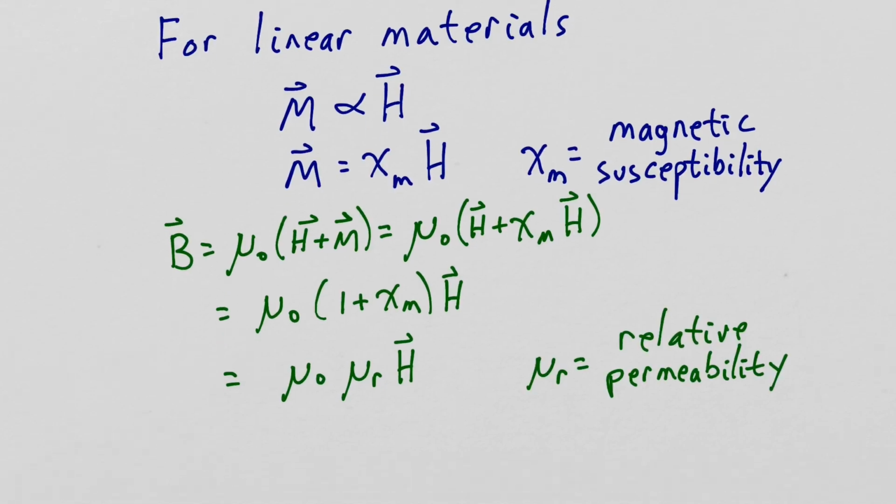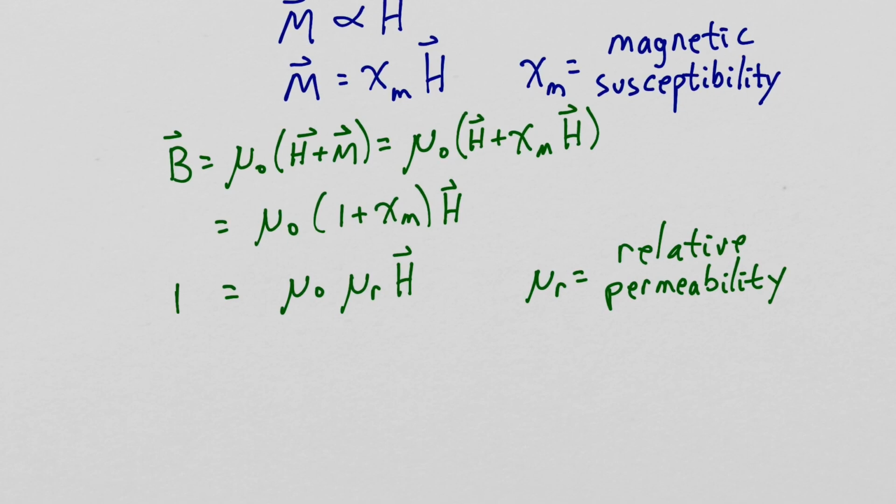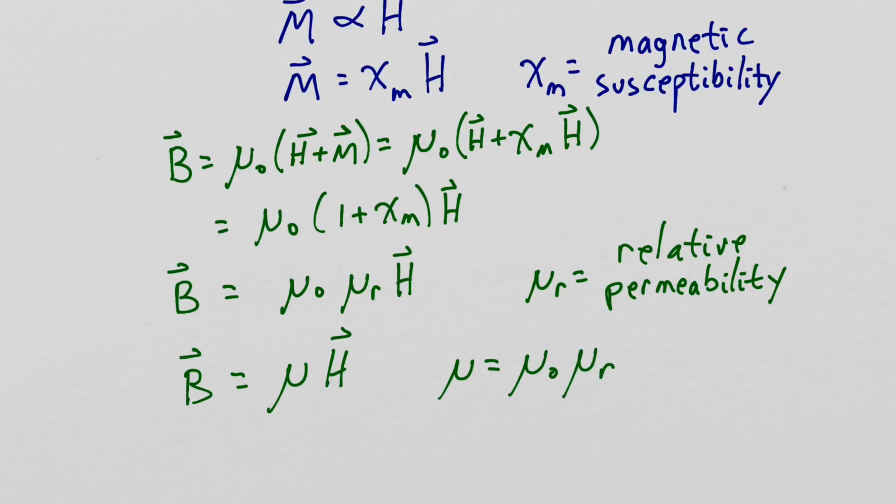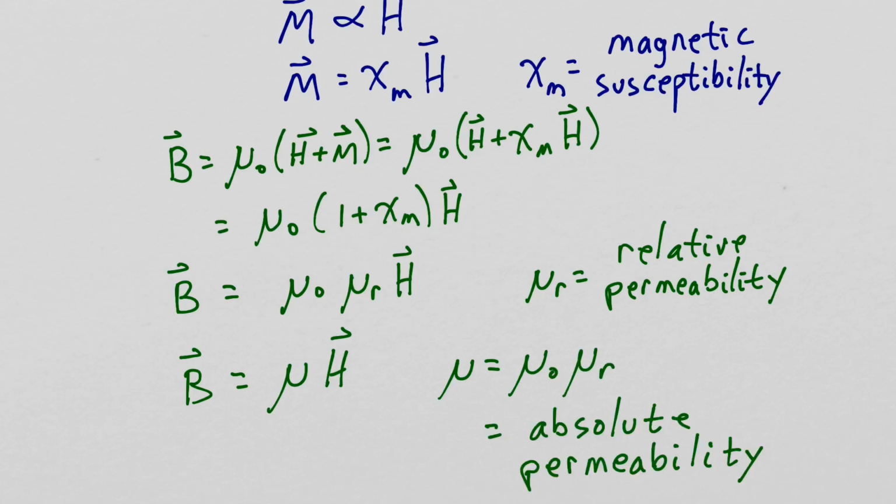And sometimes we just write B is equal to mu times H, where mu is the product of the permeability of free space and the relative permeability. And mu is called the absolute permeability.